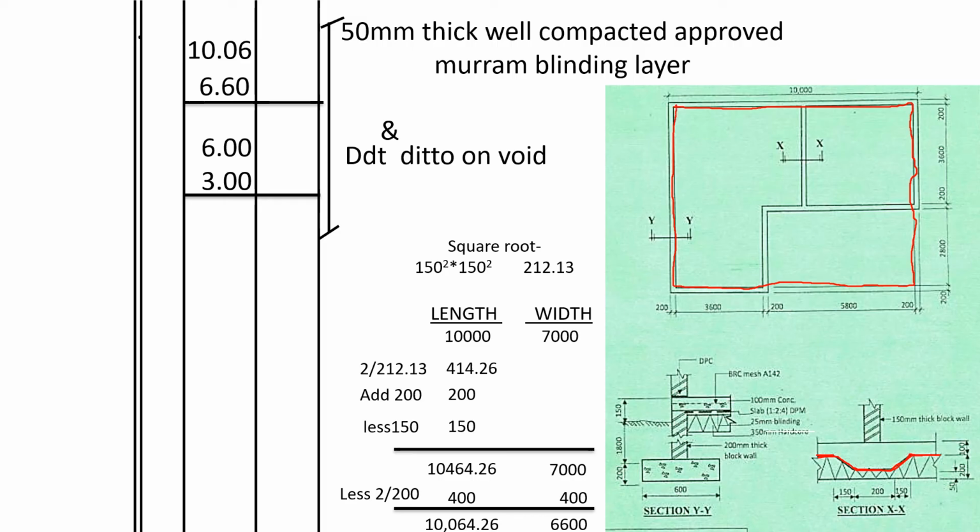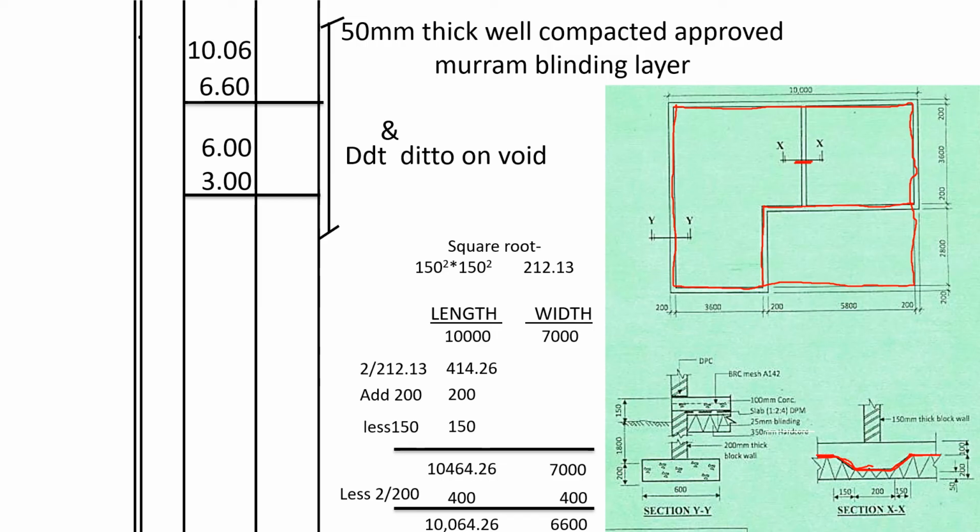Then we shall subtract all this area. All this area we will not be having the murram blinding, because the murram blinding is on the hardcore. But for this length here, we shall take the total length here on section XX. So that's what we are calculating here.